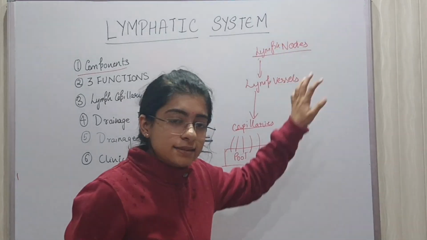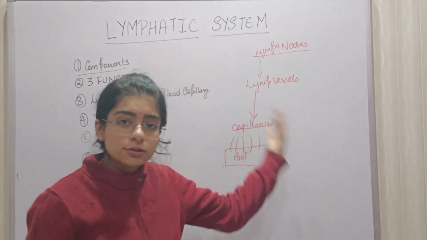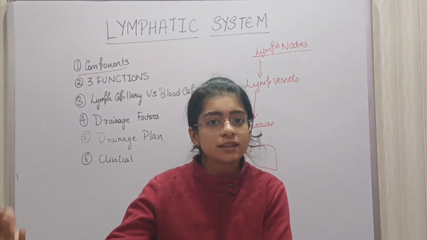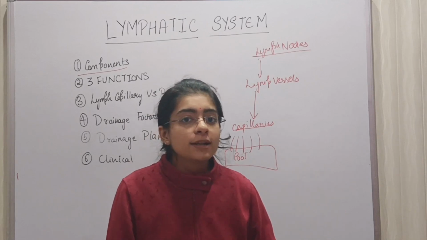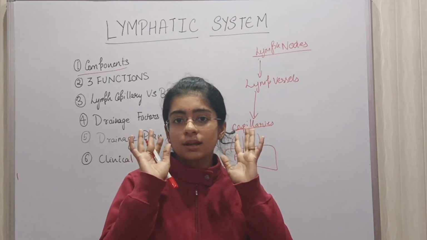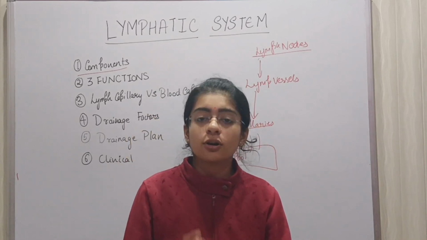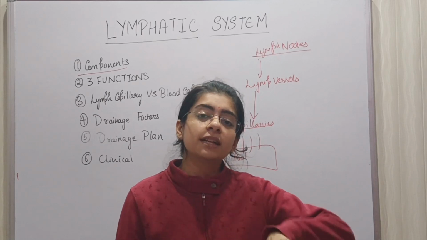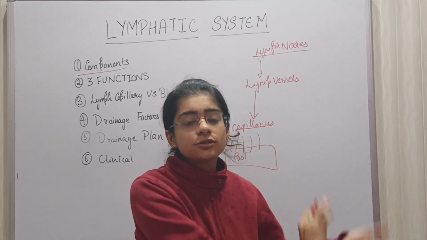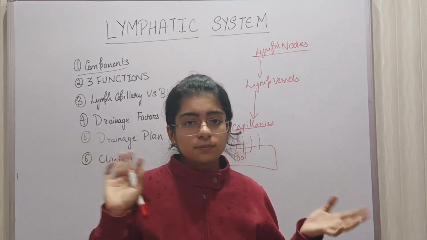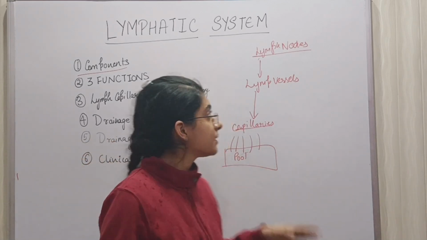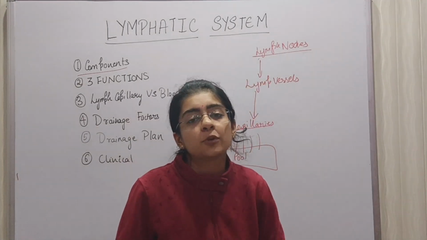From these lymph nodes it can also go through another lymph vessel, then another lymph node, and finally it will drain into the thoracic duct, or directly into the jugular veins, right? So we have different drainage on the two sides of the body. These are the components we can see.